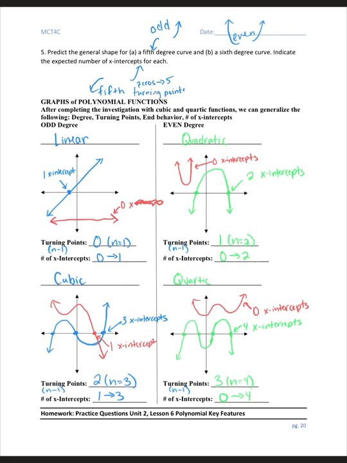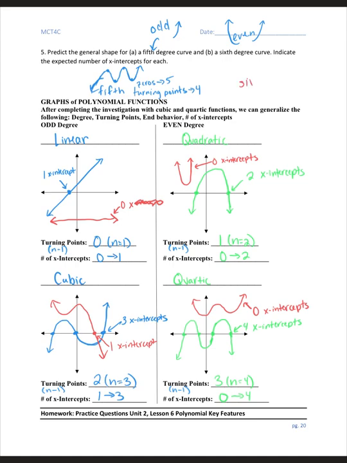Remember, our turning points are just n minus 1. So the most turning points we could have would be 4. Let's try to draw what we think would happen. So if we're going up and we come down, that's 1, 2, 3, 4 turning points. And we can count them. 1, 2, 3, 4. So that's what a 5th degree curve might look like.